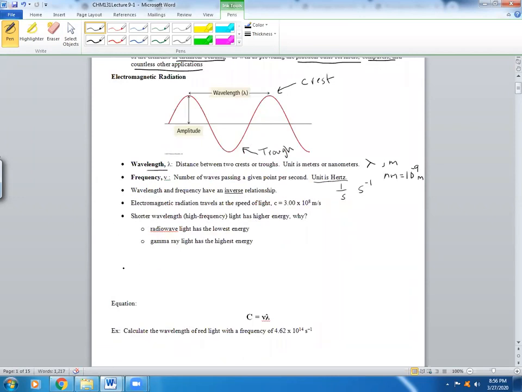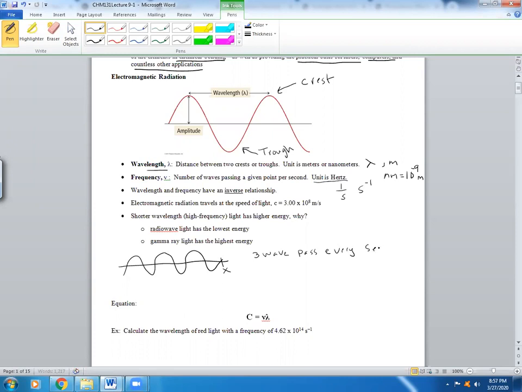Frequency, imagine we have a line here, and we have point X, and imagine we have a wave. Okay, and imagine you have a timer. You start your timer, and you notice that in 1 second, you had 1, 2, 3 waves pass per second, or every second.